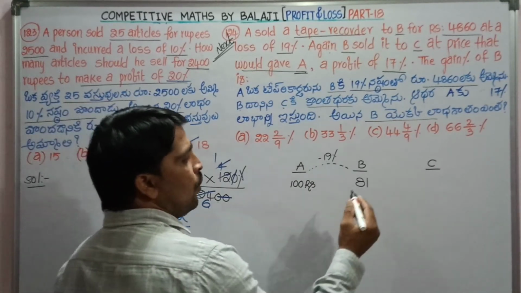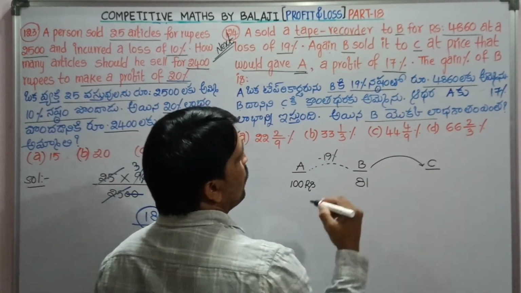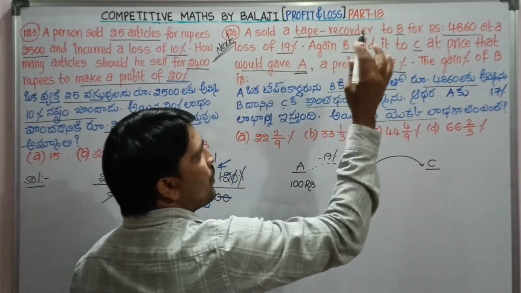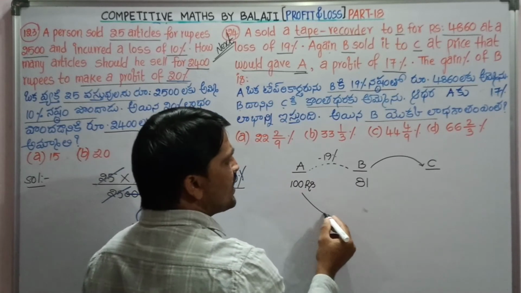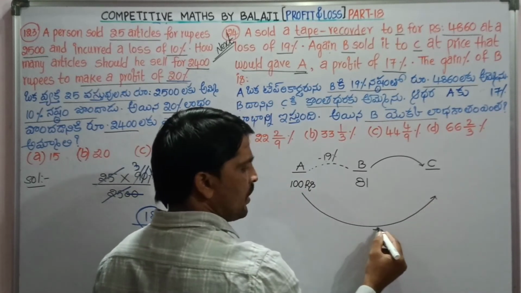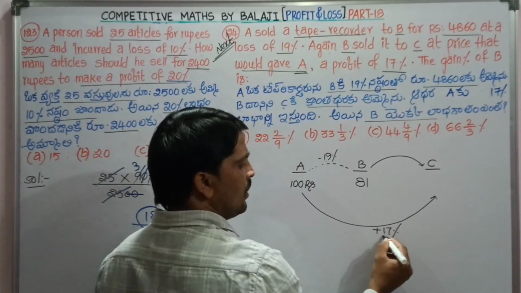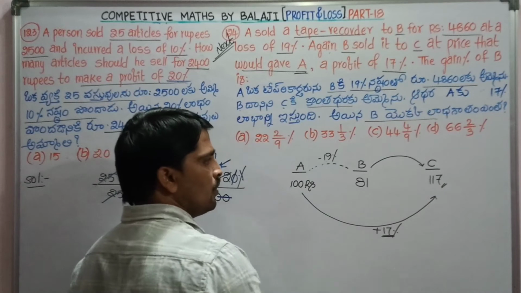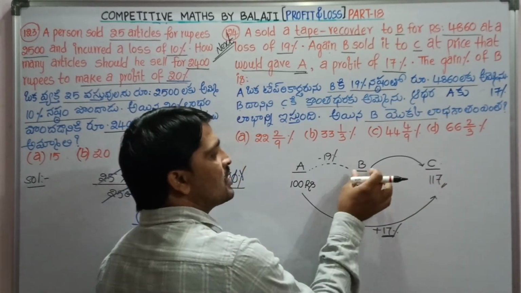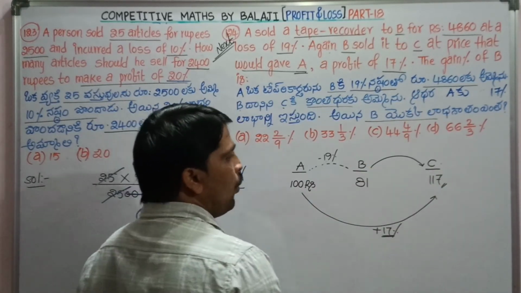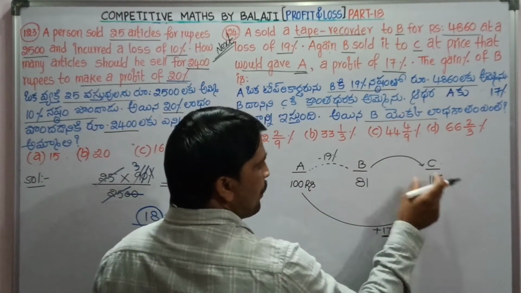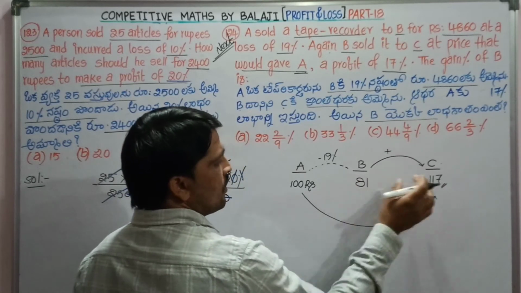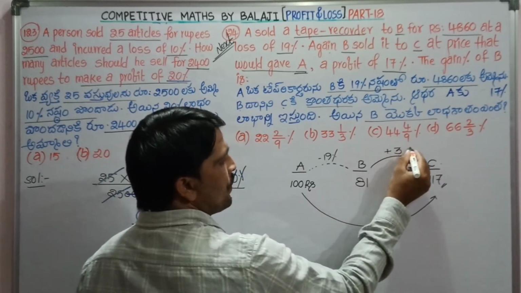And B sold to C. B sold it to C at a price that would give A a profit of 17%. If A gets 17% profit, then his selling price must be 117. That amount will be equal to the cost price of C and selling price of B. So overall B gets a profit equal to 117 minus 81, that is 36 rupees.